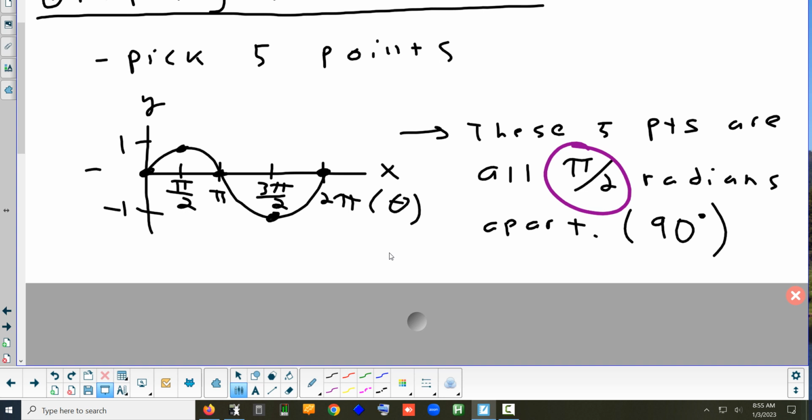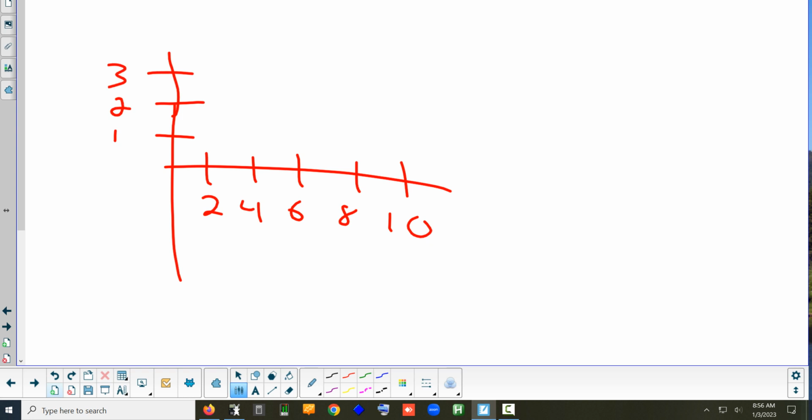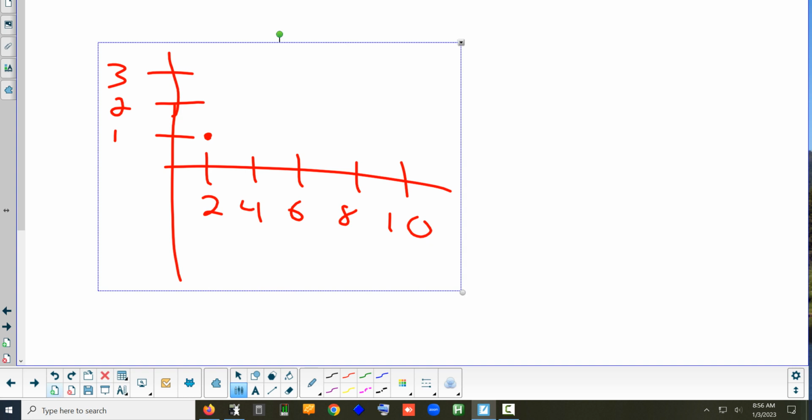So it's not the points, it's just like, if you had a point like right there, it's just marking the x value of that point. So this is 2, 1. Yeah, I got it.